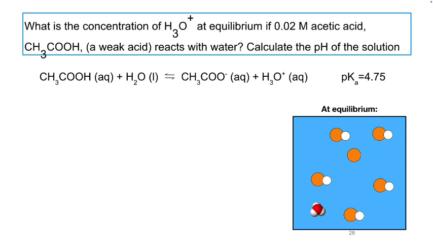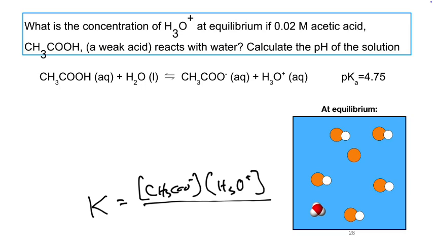What could be a useful way to note all of these changes? An equilibrium expression, so an equilibrium expression could be useful. So I'll go through and draw that. I'm going to end up writing it somewhere else. Do you know the CH3COO minus concentration? Do you know the H3O plus concentration?